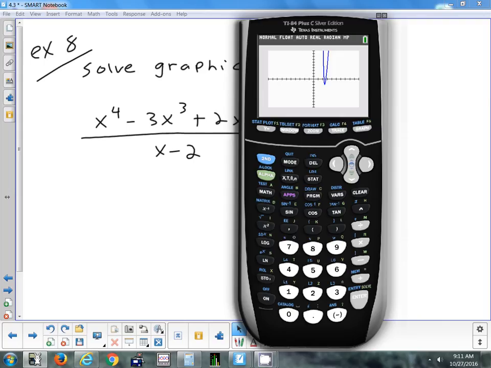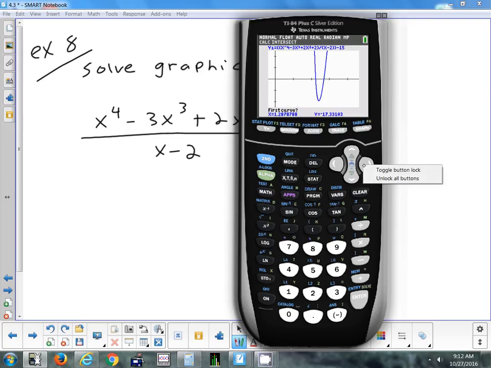All right. So where is this above 0? Well, just let's zoom in a little bit just to make it a little easier to see. Okay, and I'm just going to have to calculate where we are above 0. So second calc intersect and try to find where am I?